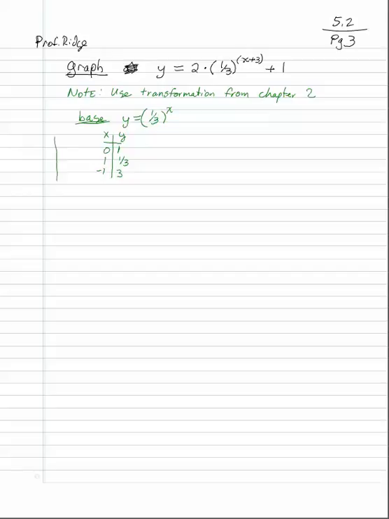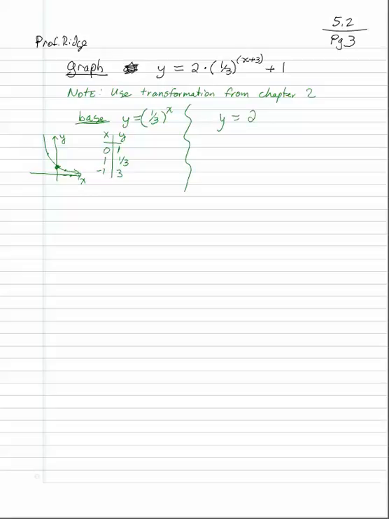So my base graph is going to have the points (0, 1), (1, 1/3), (-1, 3). It's going to look like this. And that's not to scale, of course, it's just to give you an idea.